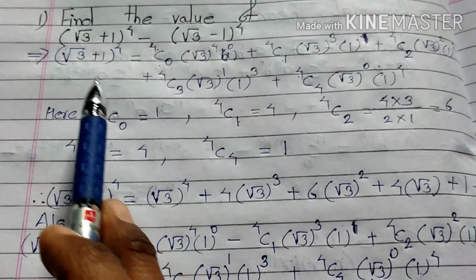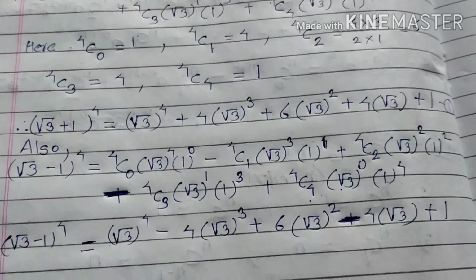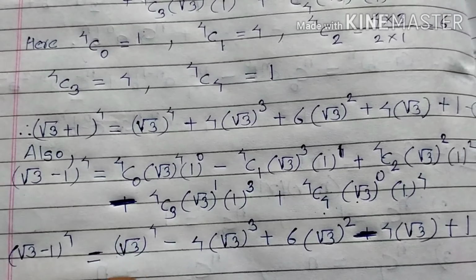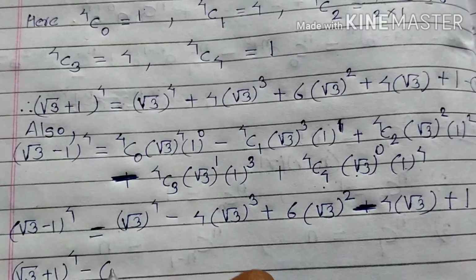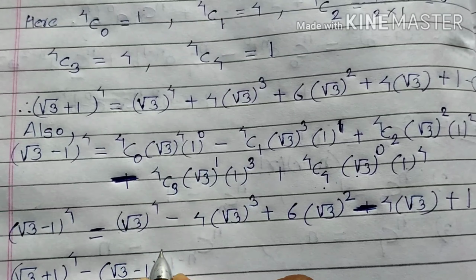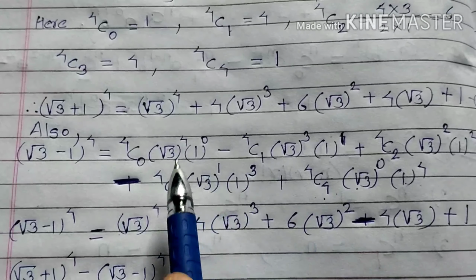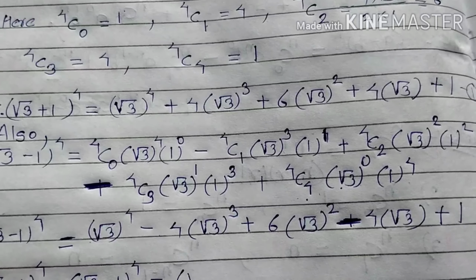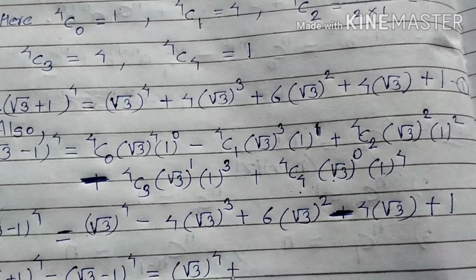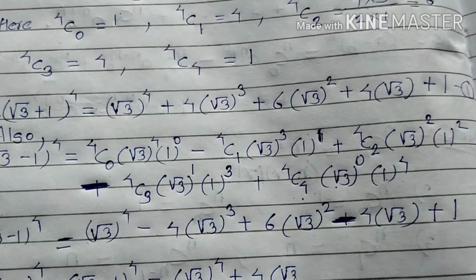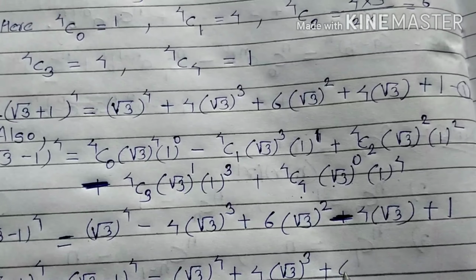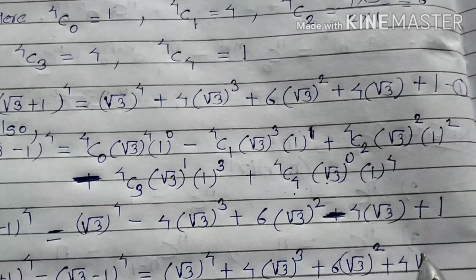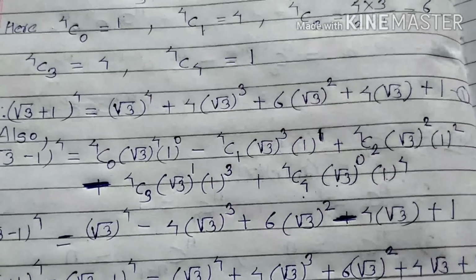Now we have to find this expansion, so here (√3 + 1)^4 minus (√3 - 1)^4 is equal to, this is from equation first, so what is that? (√3)^4 plus 4 (√3)^3 plus 6 (√3)^2 plus 4 √3, and plus 1.